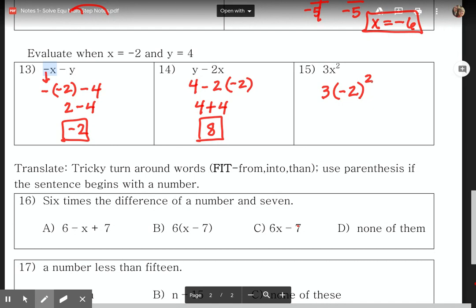If the 3 was in there with it, yeah, we would multiply or do whatever we need to. But the 3 is not inside the parentheses. So parentheses, exponents. We can go ahead and calculate the exponent here. So negative 2 squared means negative 2 times negative 2, which is 4. Now, 3 times 4 is 12.